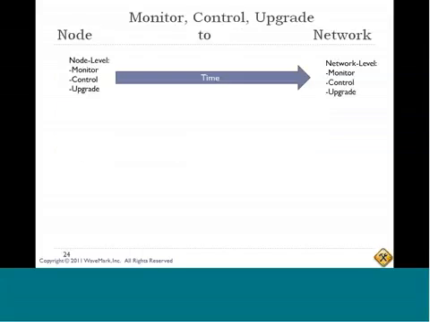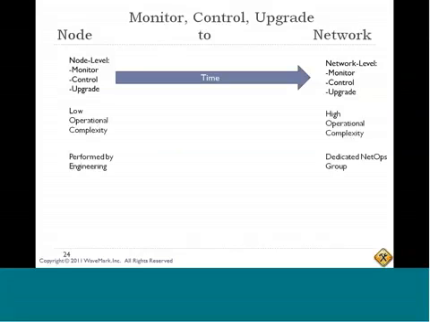So now let's take this monitoring, controlling, and upgrading and see how it moves from looking at a single node to the network evolving. Over time, the network evolves, and whether you're working at the node level or at the network level, you still need to do the three functions: monitor, control, and upgrade. The difference is that at the node level, the complexity is generally very low, while at the network level, it's quite high.